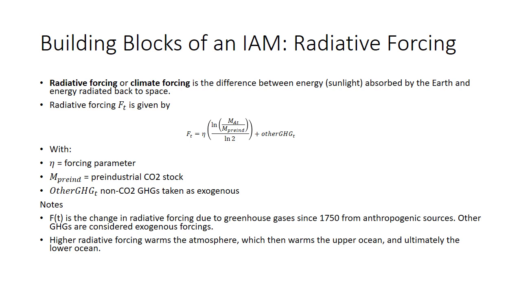These are taken as exogenous. A couple of notes. The forcing parameter is the change in radiative forcing due to greenhouse gases since 1750 from anthropogenic sources. Other greenhouse gases are considered exogenous, so that's what we just said. A higher radiative forcing warms the atmosphere, which then warms the upper oceans and ultimately the lower oceans.